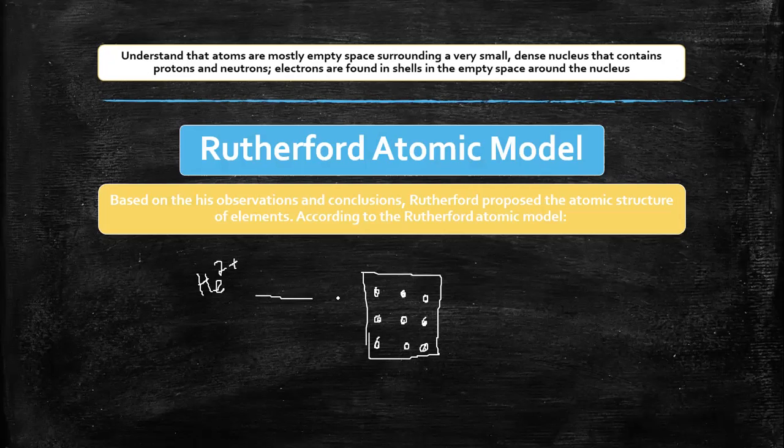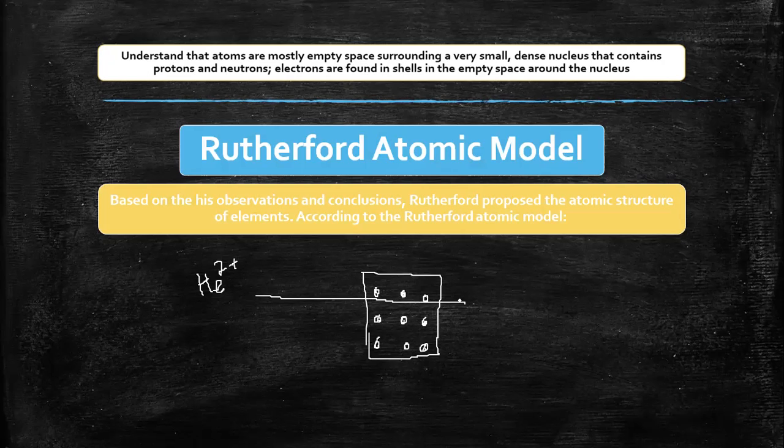When the alpha particles were passed through the foil, many of the alpha particles passed straight through the foil.